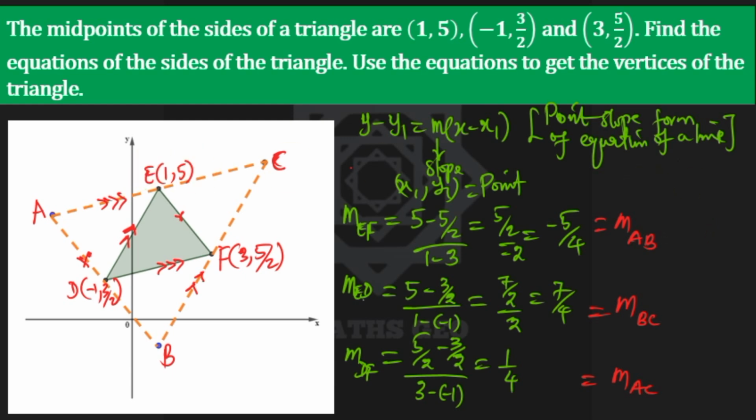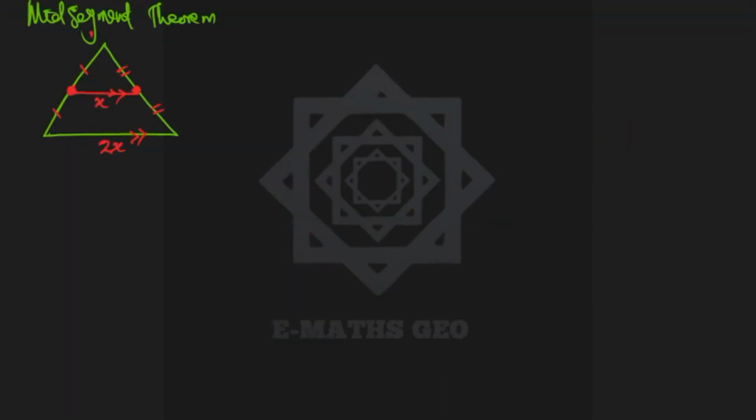So let's now solve using the point slope form. To get the equation of line AC, the point is (1, 5), while the slope is 1/4. So the equation of AC is y minus 5 equals 1/4 times (x minus 1).